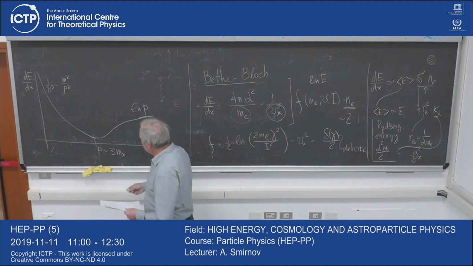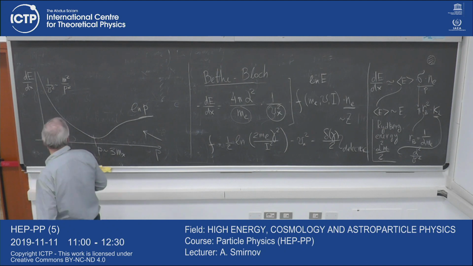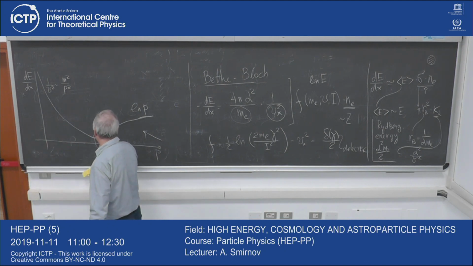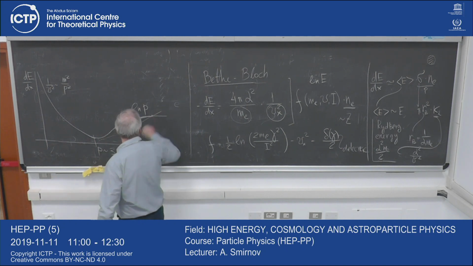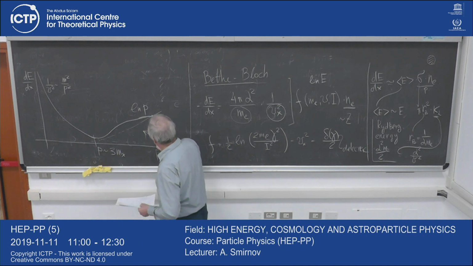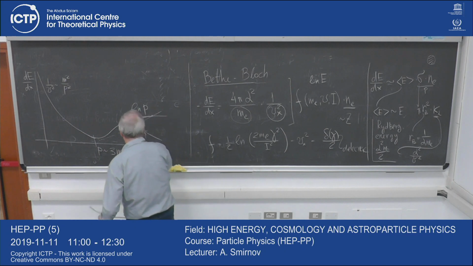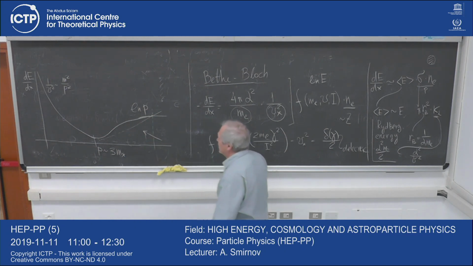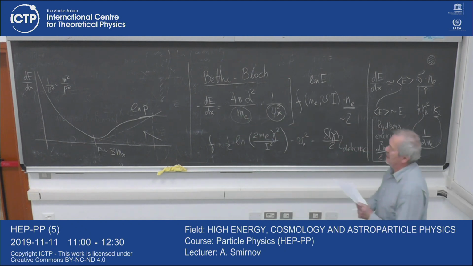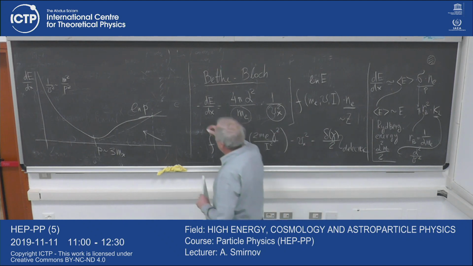Now remember how the radiation energy loss increases linearly, and it actually becomes important at some high energies, usually in this part. The energy at which radiation energy loss and ionization energy loss become equal is called the critical energy.